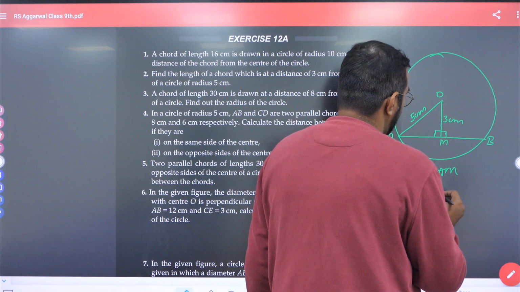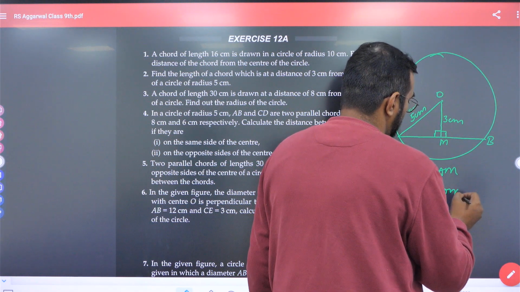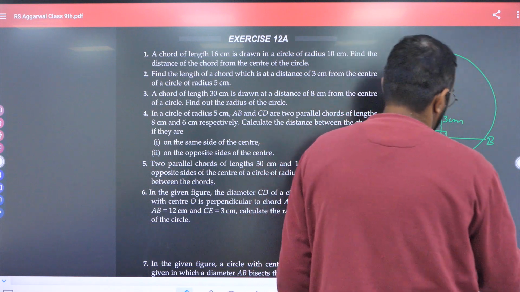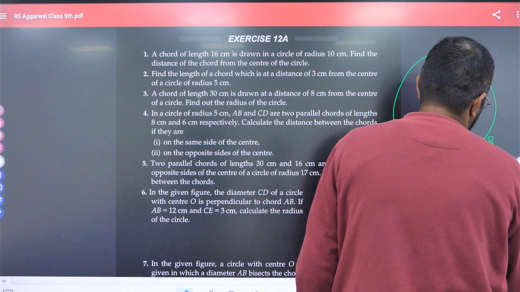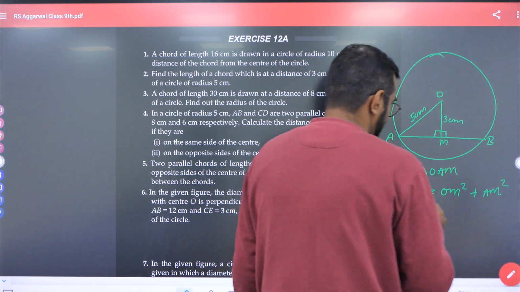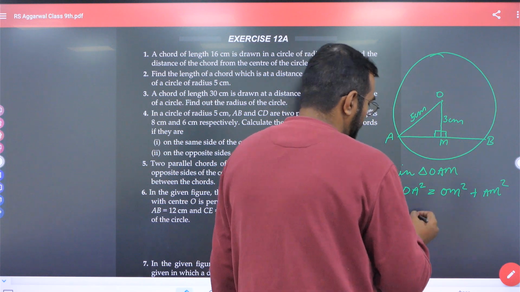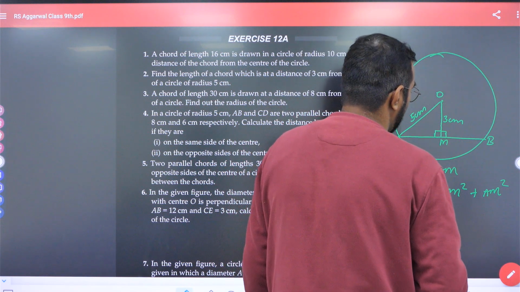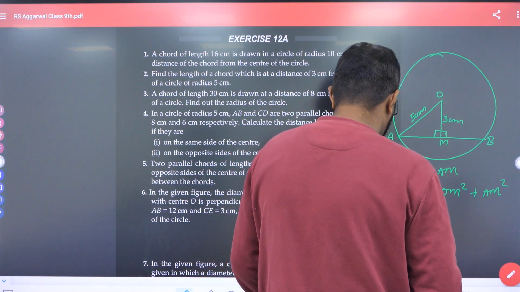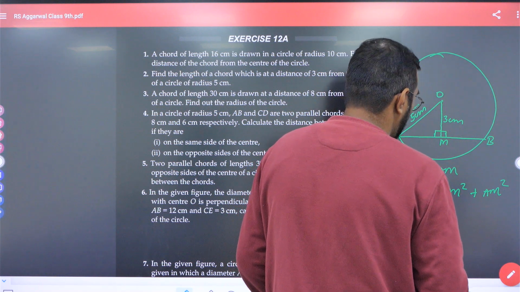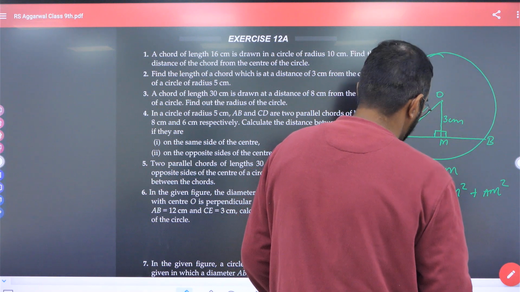OA square is equals to OM square plus AM square. Now OA is 5 square. Now we have to find AM, na?